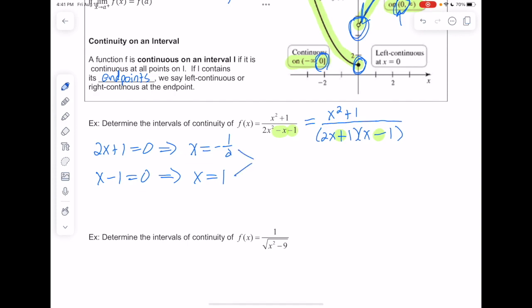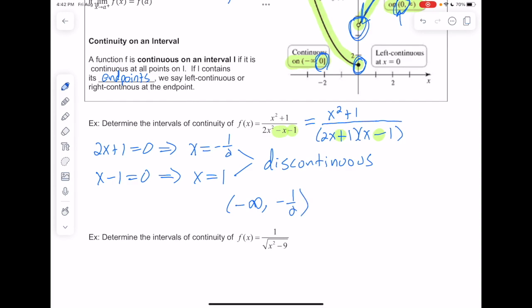So these are two places where the function is discontinuous, and those are not included as values of the function, so they can't be included in our intervals of continuity. So we're going to be continuous everywhere else, though. So the function is going to be continuous on the interval from negative infinity to negative 1/2.